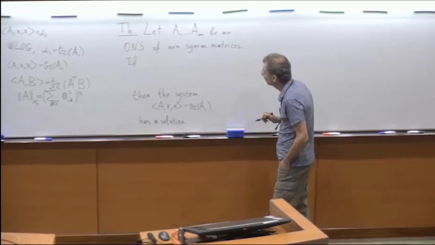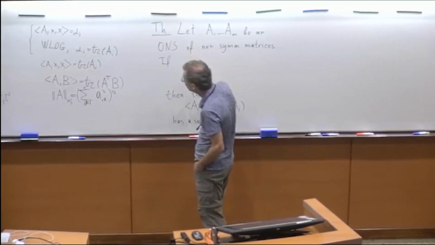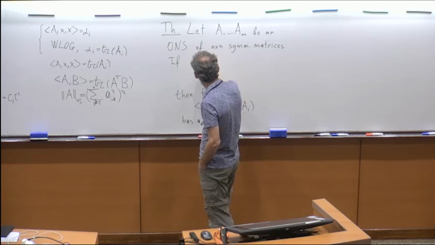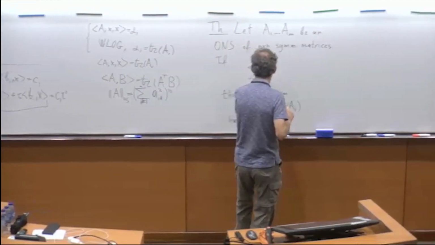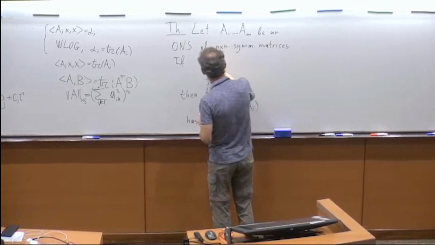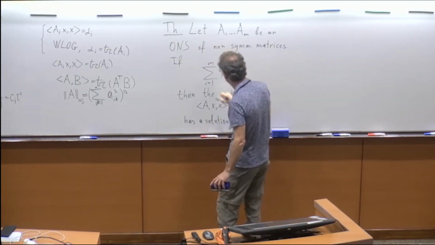Now, what is the condition? Let me form a combination of these AJs. I take the sum, j from 1 to m, of aj squared.